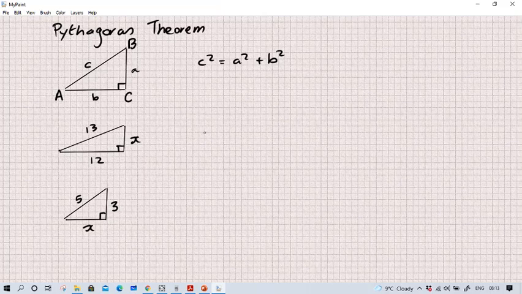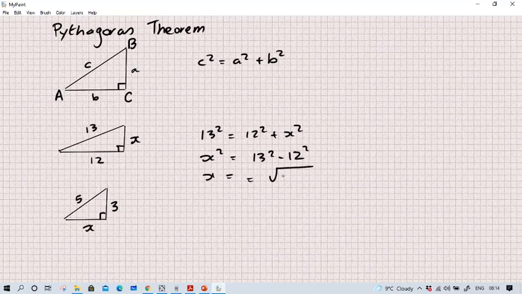If we plug that into Pythagoras' theorem, we say 13 squared equals 12 squared plus x squared. Then we rearrange it to get x squared equals 13 squared minus 12 squared, and we end up with x equals the square root of 25, so x equals 5.